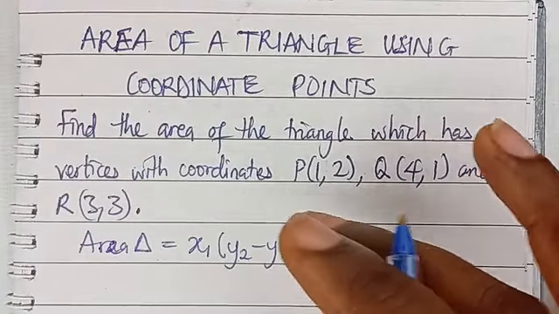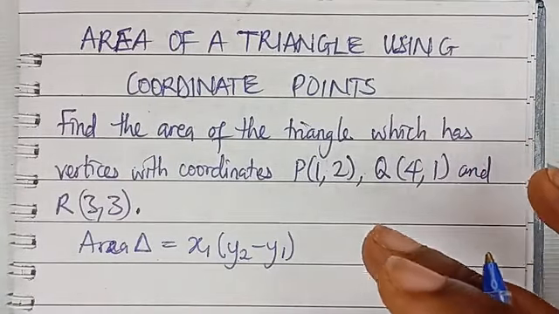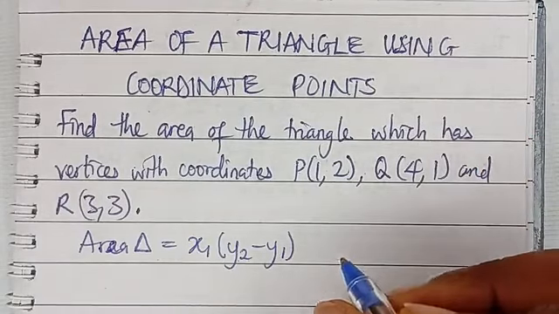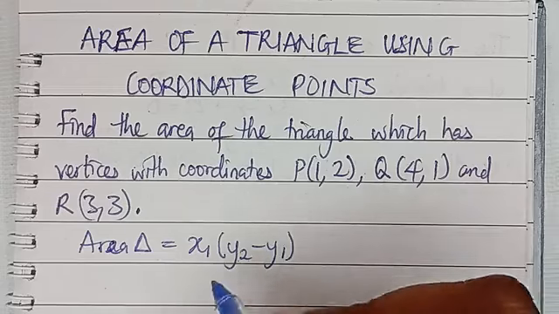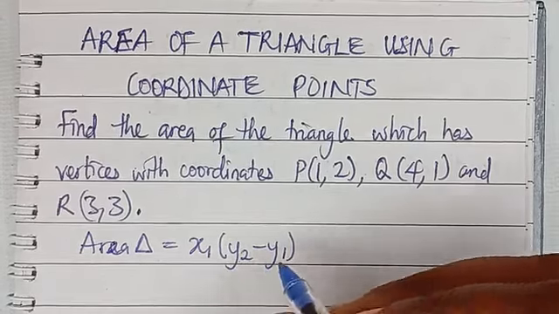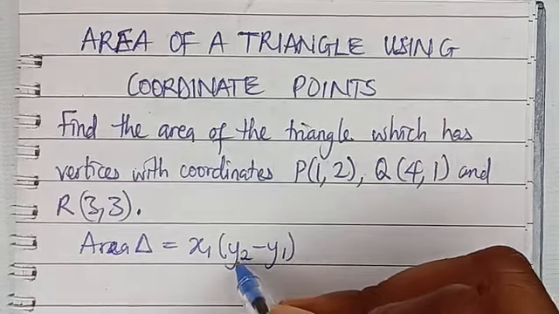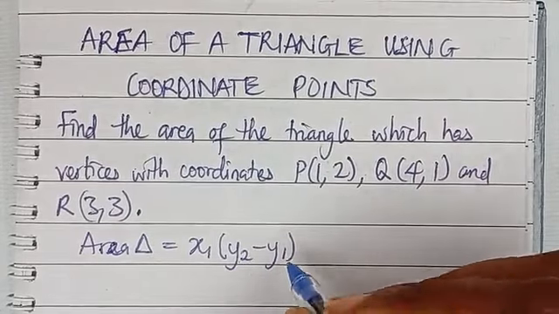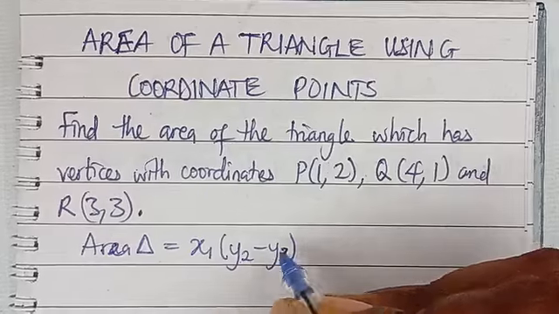Now, to write out this equation, just follow carefully to see how I remember writing this equation. So x1 with the brackets, that is x1 into y2 minus y3.